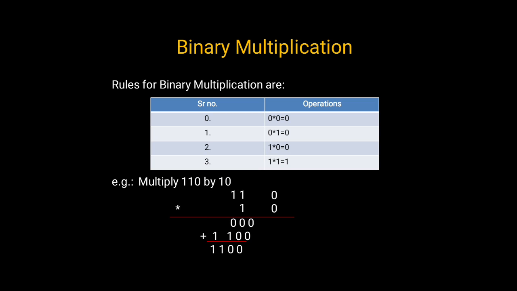First you multiply 0 with these numbers. So all are 0 here. Second, you multiply 110 by 1. So this is the second number. Now we can sum these numbers. It is just like multiplication. So this is binary multiplication.